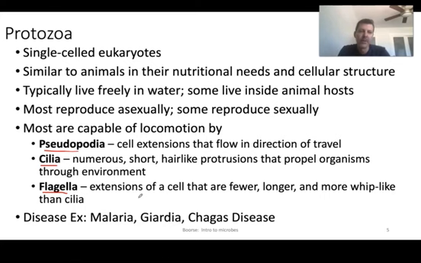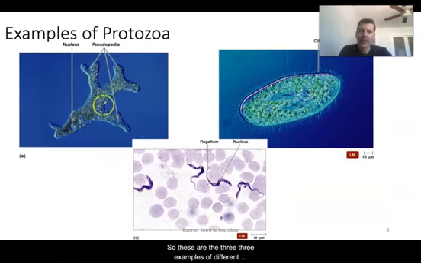These are three examples of different protozoans that exhibit each of the three types of locomotion, or how to move. This is a single cell with internal structures like a nucleus and some other internal organelles. So it's a eukaryotic cell, one organism, so unicellular.